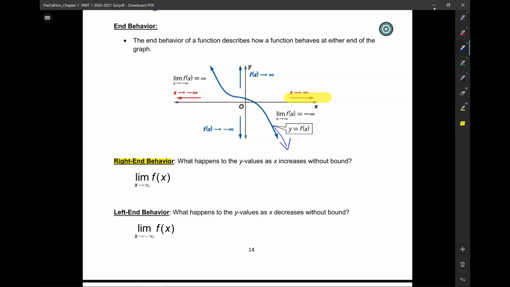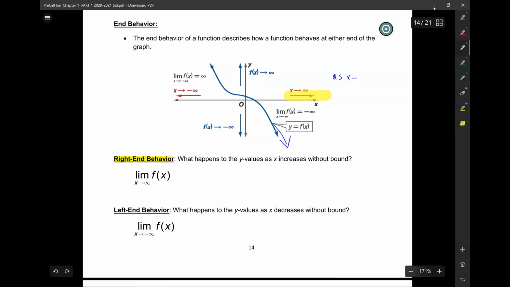Now in algebra, you used some different notation. You said as x approaches infinity, and so on. Well, here we're going to condense it. We're going to say the limit of f of x as x approaches infinity is negative infinity because it's going down. Well, what about the left end behavior?